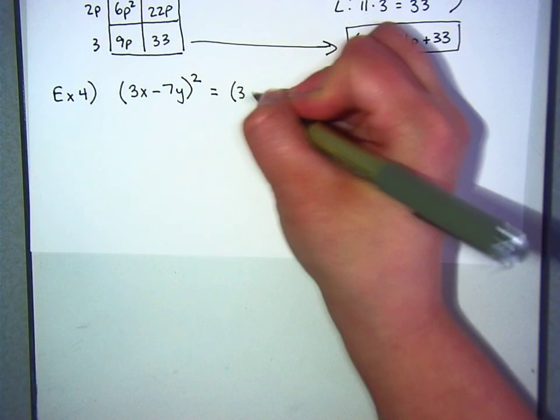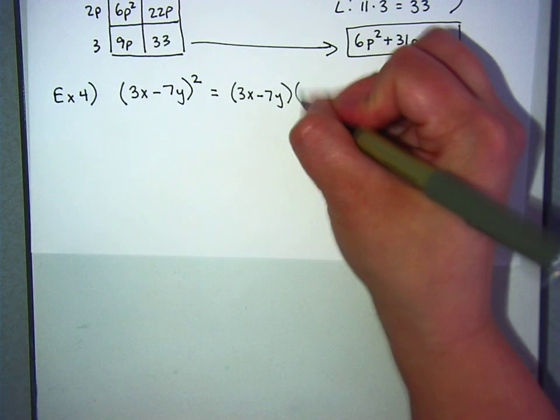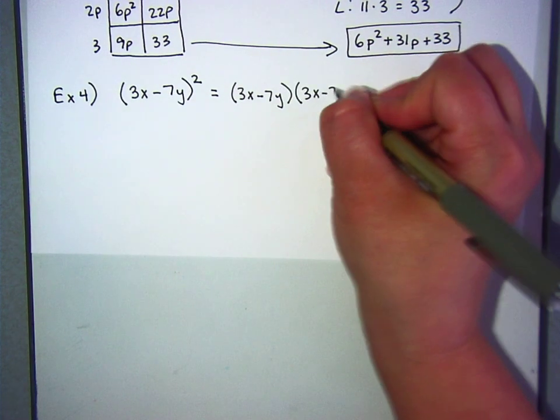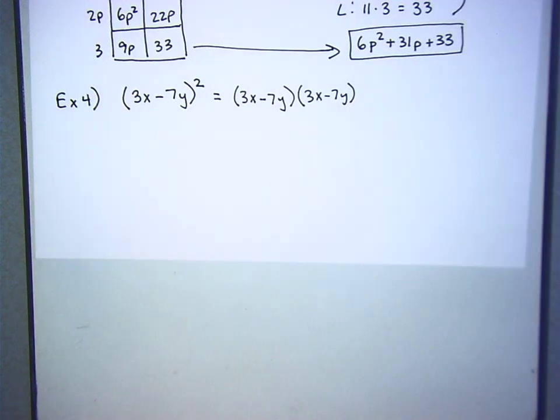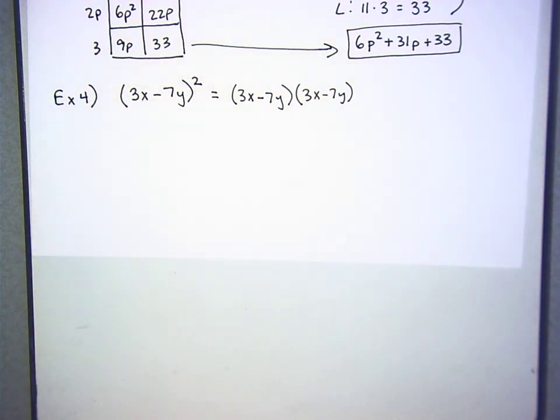I mean, different things, but the same design as example 3. It's (3x - 7y) times (3x - 7y). You cannot distribute the square. It's this times itself twice, which means this is a FOIL or a box problem. So right now, talk to your partner. Decide if you're going to do FOIL or if you're going to do box. Try this together. Go.